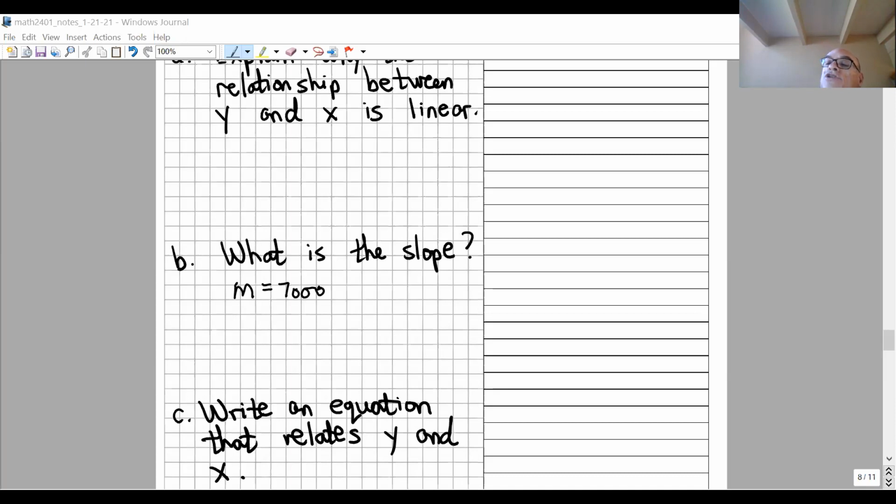So now we've talked about relations in general. Some of our relations are linear relations, but not all of them are. Some of them are a little bit more complicated.